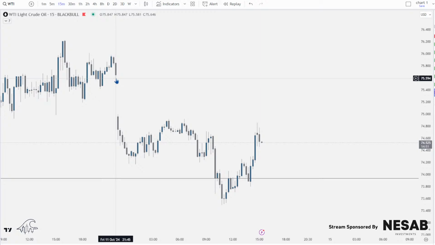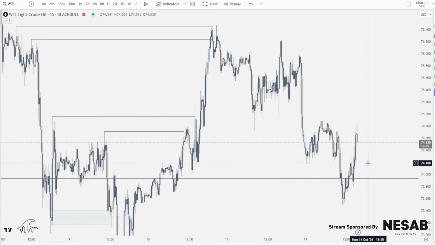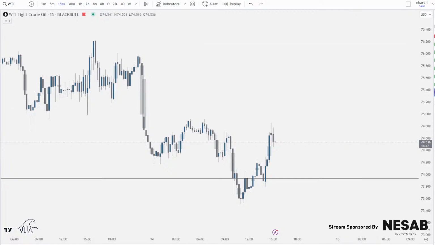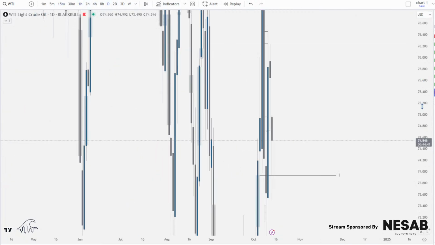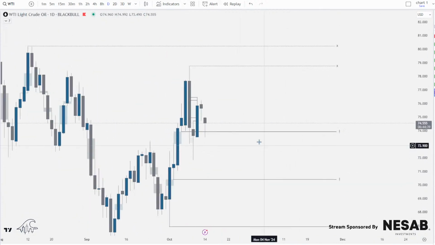That is an absolutely ghastly gap there. That is horrible looking. Look at that.